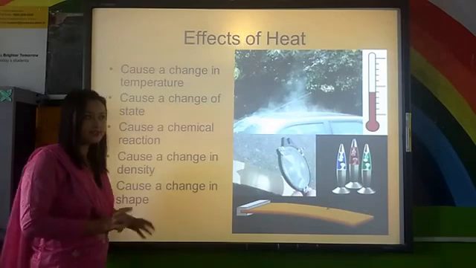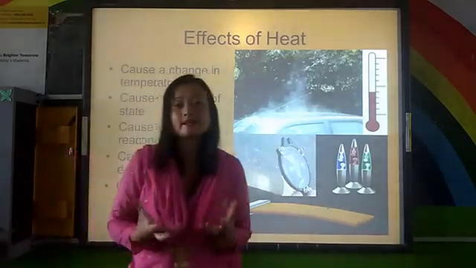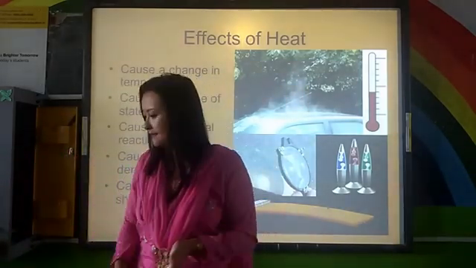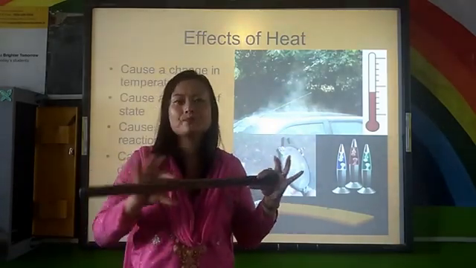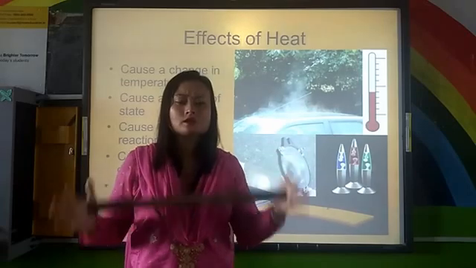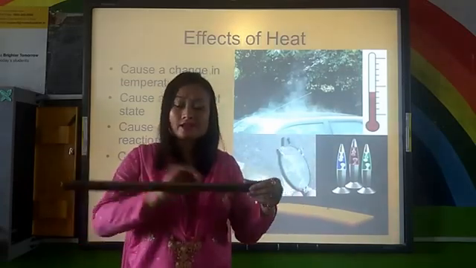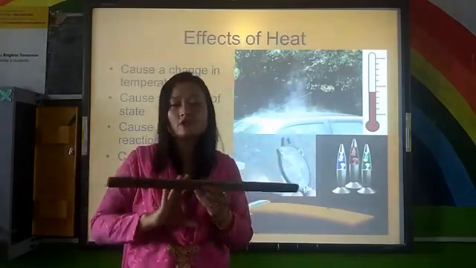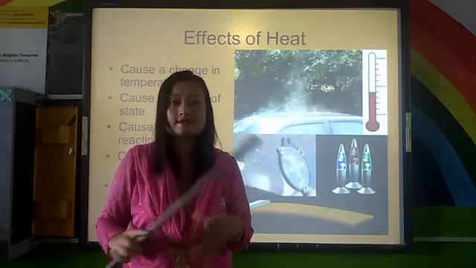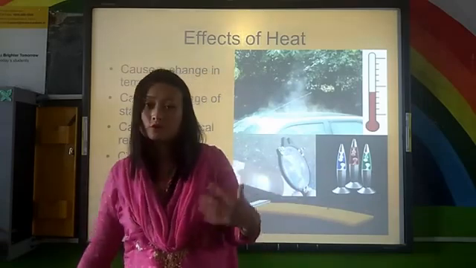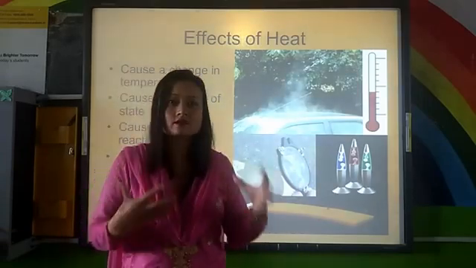Okay, cause or change in density means when the particles get heated. Say you have this wood over here. Now it has its density. Now the particles which are over here, suppose if I heat it for a longer time, what will happen? The particles over here, they start moving around, they start vibrating faster.